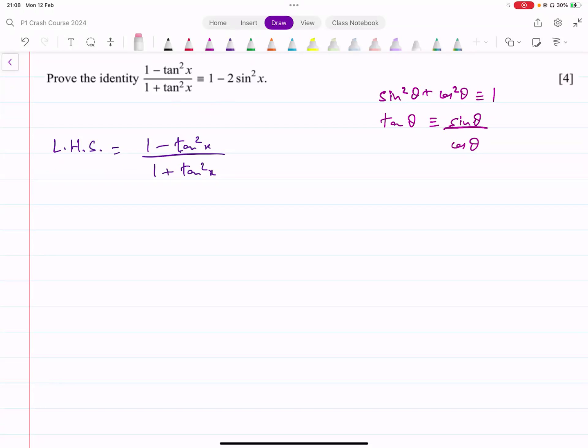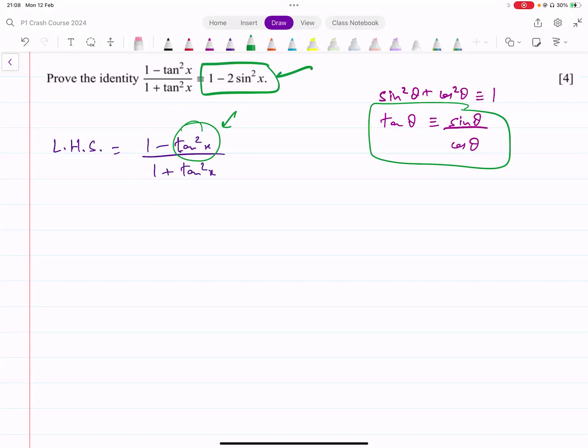Okay, now let's go through this process once using this particular question. So it says (1 minus tan square x) divided by (1 plus tan square x). This is identical to 1 minus 2 sine square x. So we have to start from this and end at this. We have tan in this original form. Which identity has tan? It's the second identity. And what we want to get to is something that has sine only.